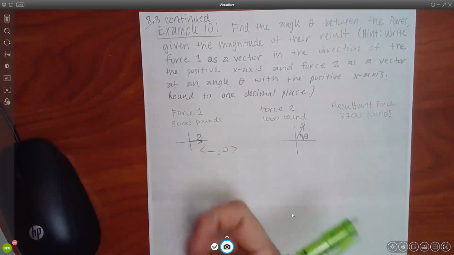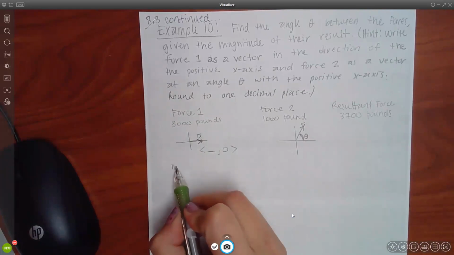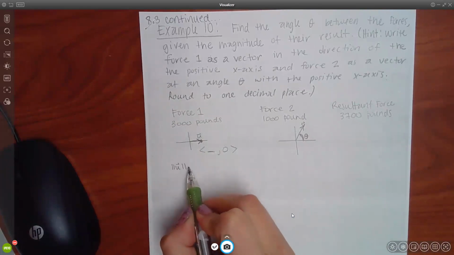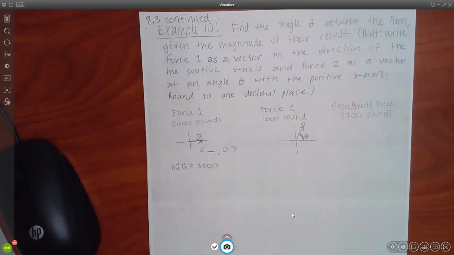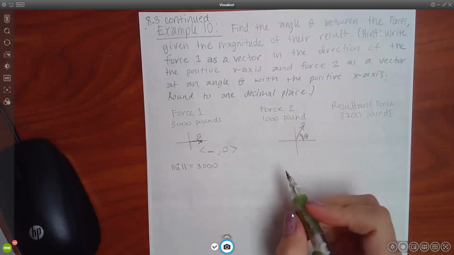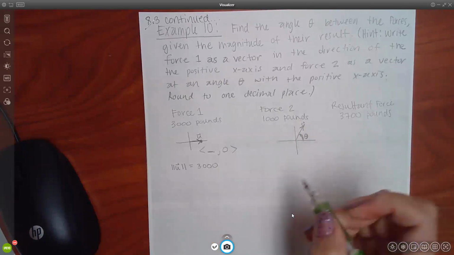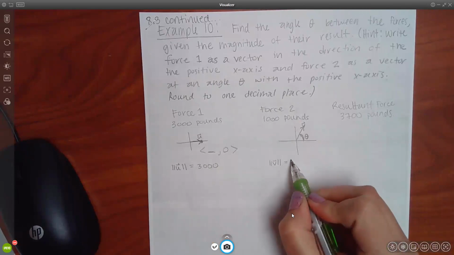And so for u, we know that the force is 3,000 pounds, which means that its magnitude is going to be 3,000 pounds. We also know that the force for the second one is going to be 1,000 pounds. So that means that this guy's magnitude is going to be 1,000 pounds.